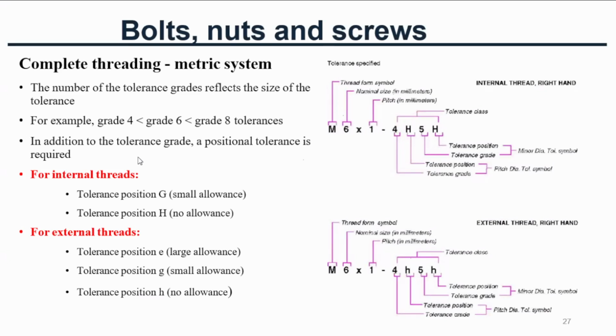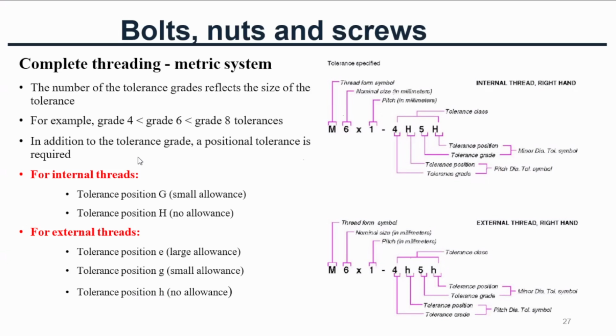Grade 8 is the least accurate. So a lower grade number means tighter tolerance, higher precision. Okay.